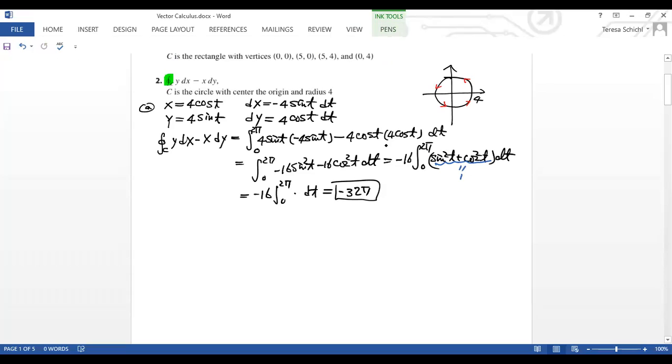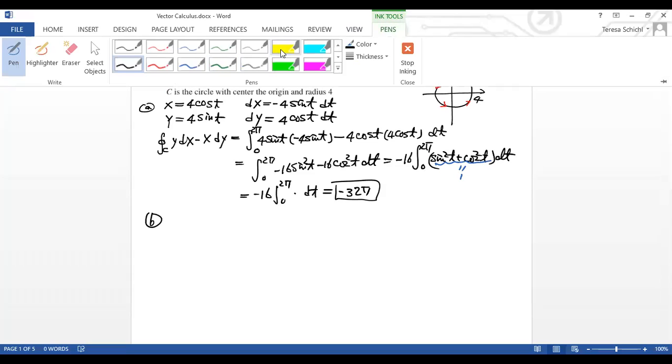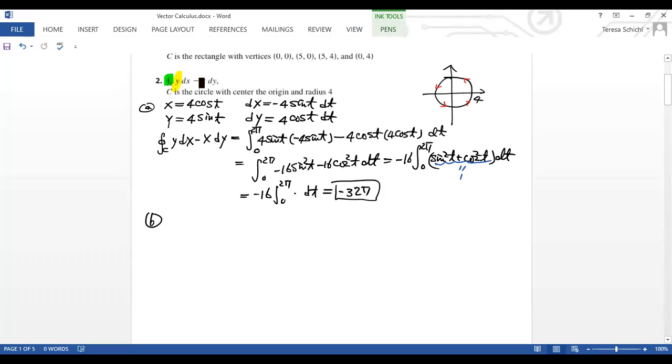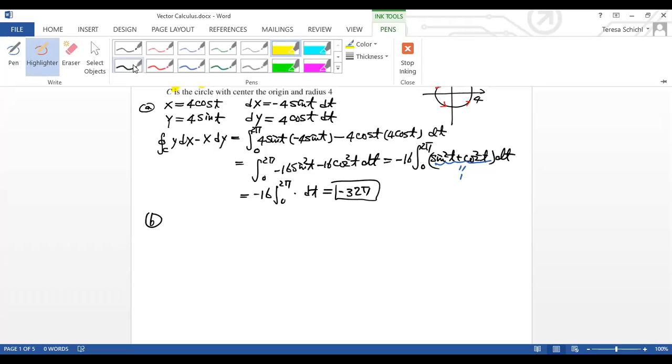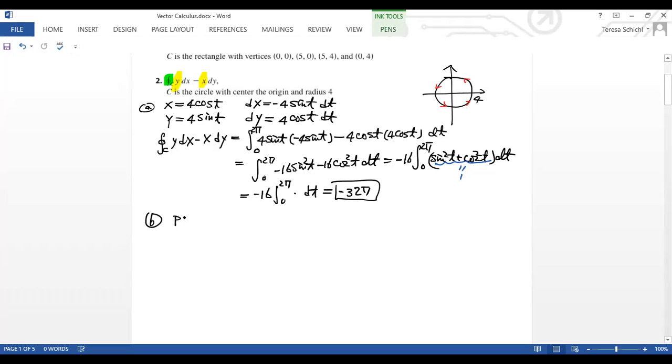Okay, so now let's take a look by Green's method here, right? So green, what is this? This is my P(x,y), this is my Q(x,y). So my P is equal to y, my Q is equal to negative x, right?